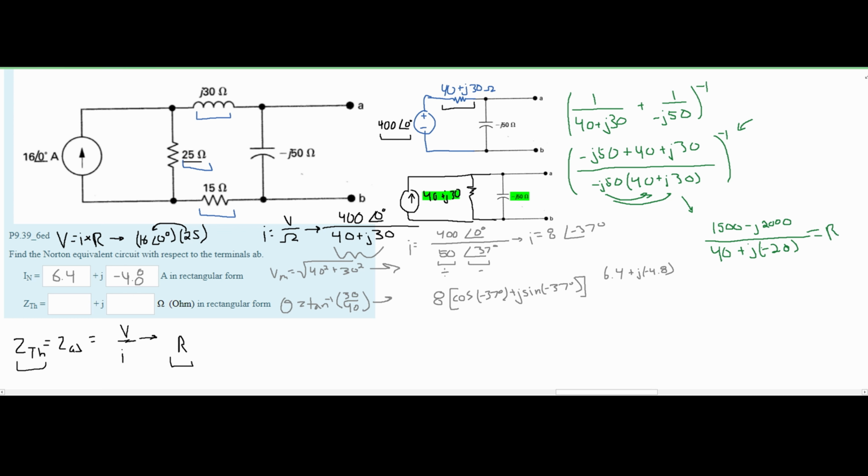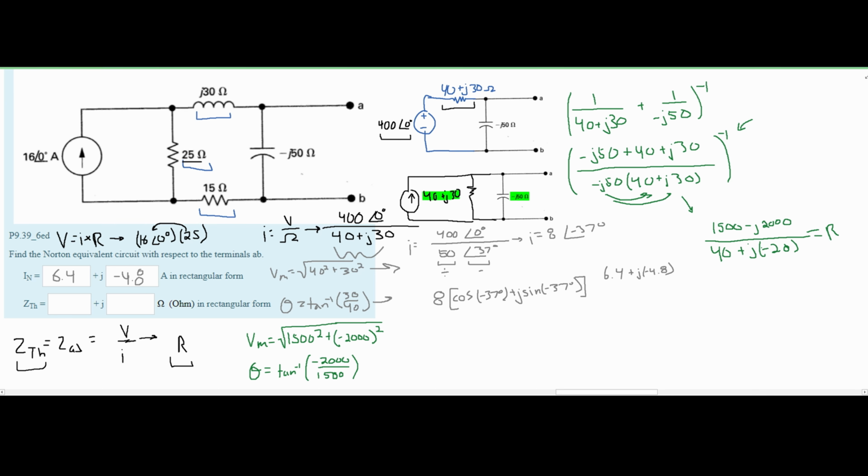I'm going to look at the numerator first. So when we need to convert this to phasor, we are going to have our Vmax equal to the square root of the first part, which is 1500 squared, plus the next part, which is negative 2,000, and this is also squared. And then to find our theta, it's going to be equal to the tangent inverse with our imaginary number on top, negative 2,000, and our real number on bottom, which is the 1500.